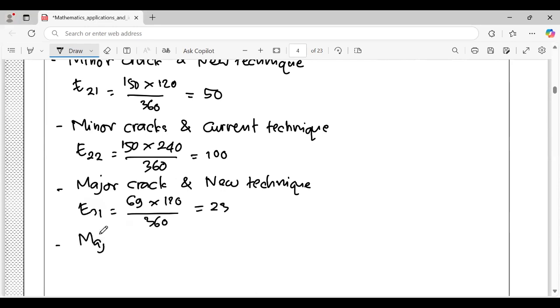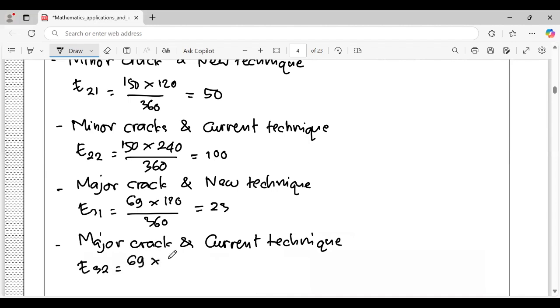And then major crack and current technique, so E32. 69 times 240 over 360 is 46.